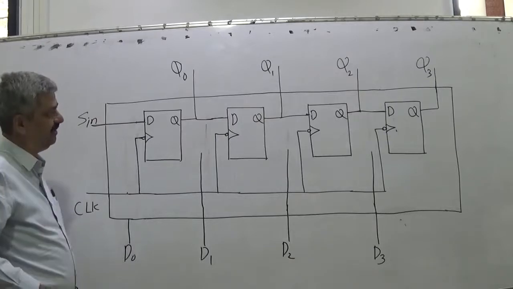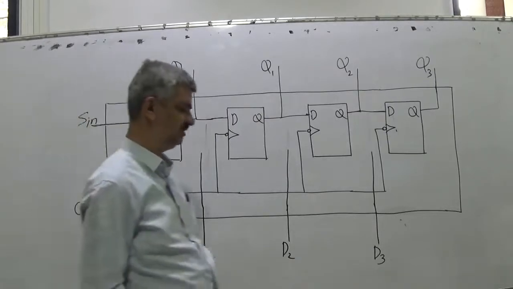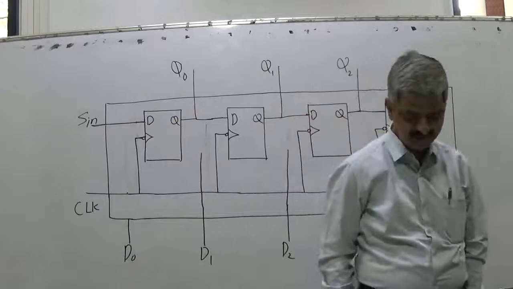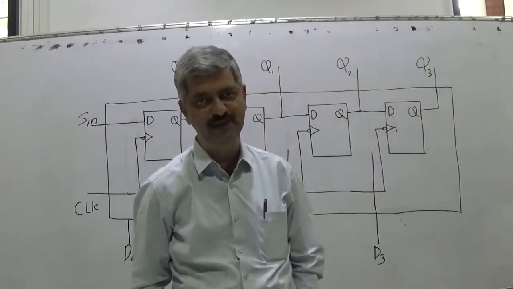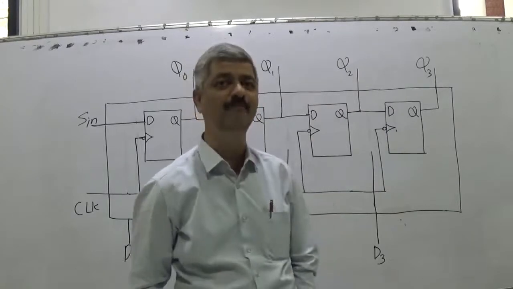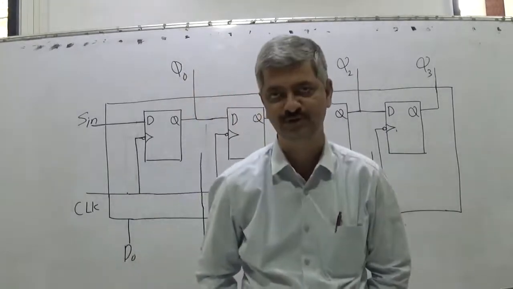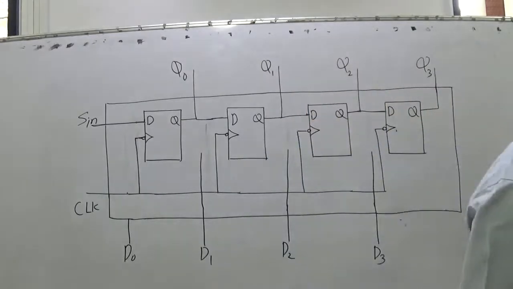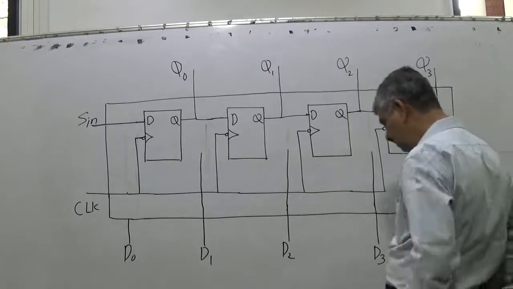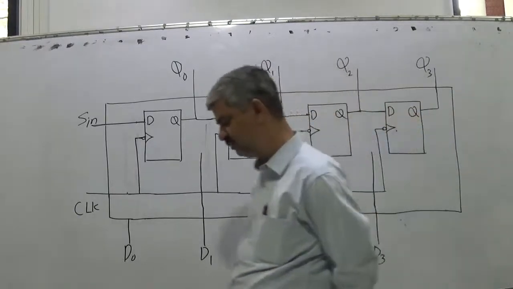It's a very interesting situation that now the inputs to the D flip-flops are coming from the previous flip-flops' outputs. Input to a flip-flop is coming from the previous flip-flop's output. In such a situation, what is going to happen?